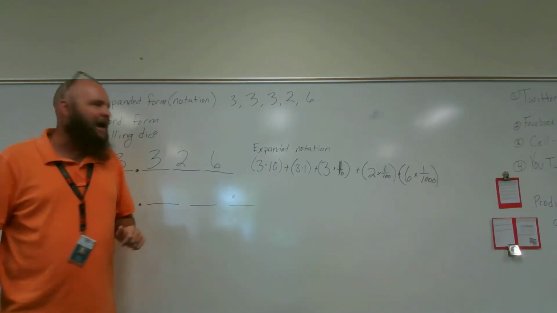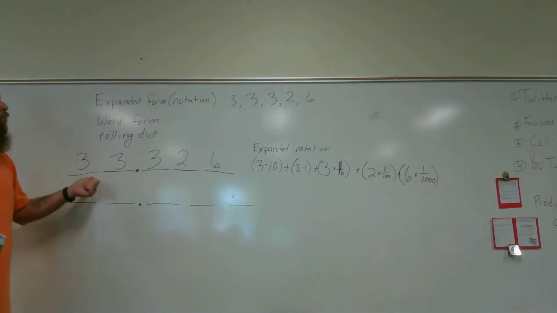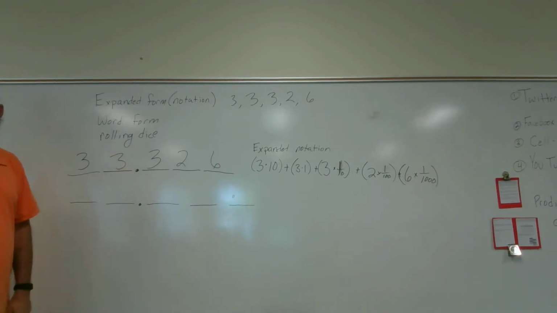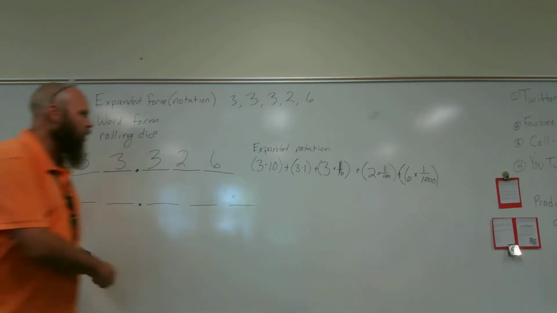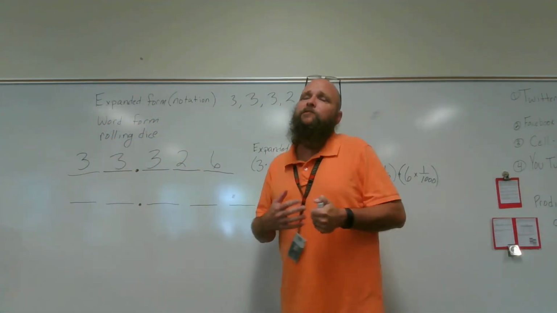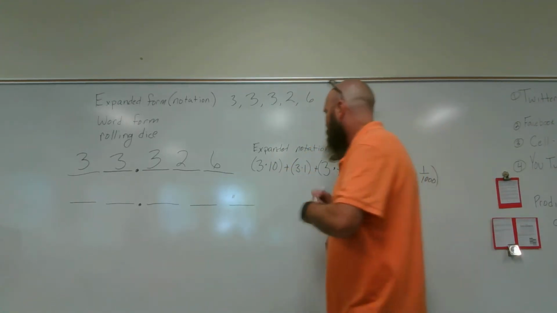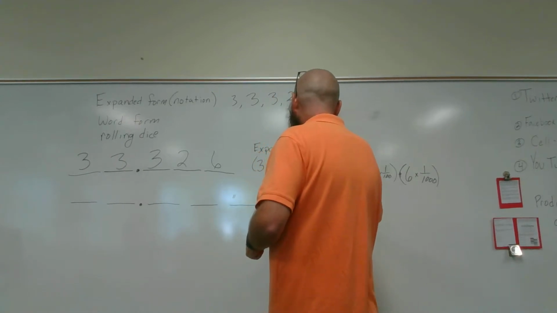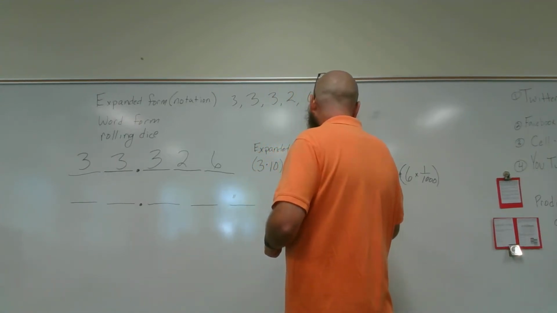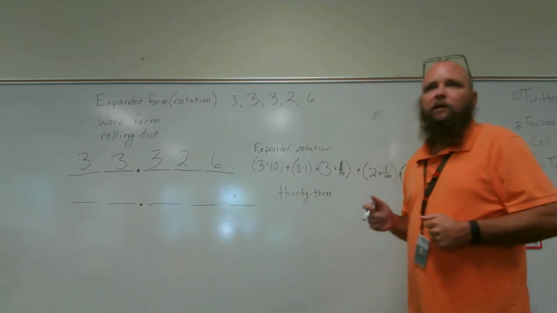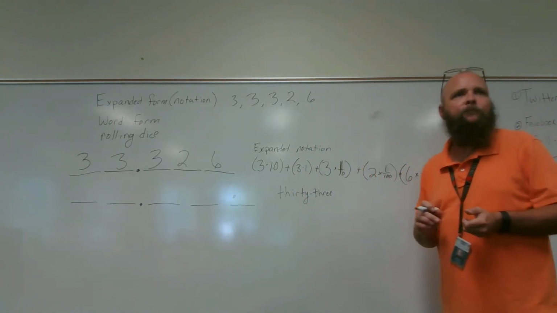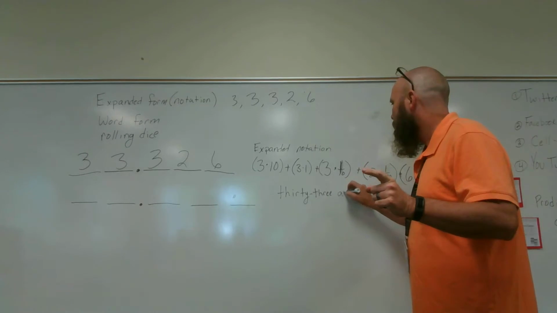So Ashley, I want you to tell me how to write this number in word form. Let's start in front of the decimal. How would you write that number? No, I just want, like you would say, I'm 26 years old. 33. Yeah, I'm not grading spelling. Then what? Okay, so then I write and.